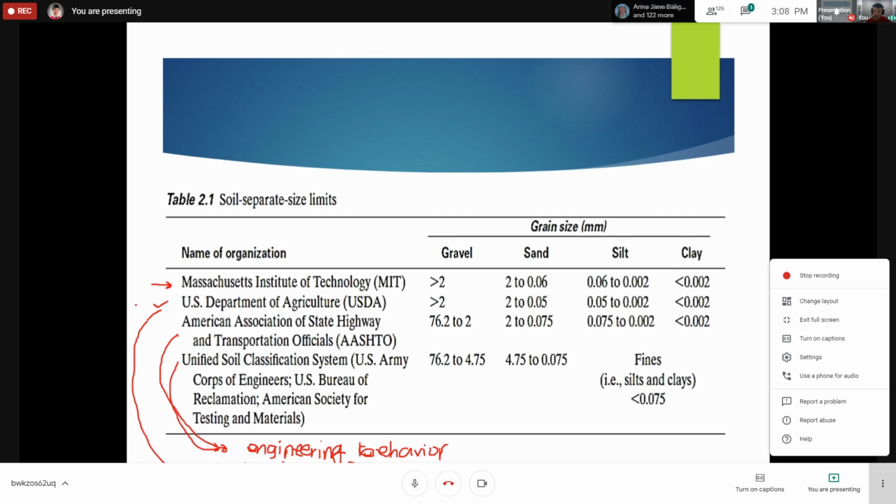Now in my advice to the theses I have handled, once we go to research, what we normally use in the soil classification aspect is the USCS, because this particular standard is used for research purposes.